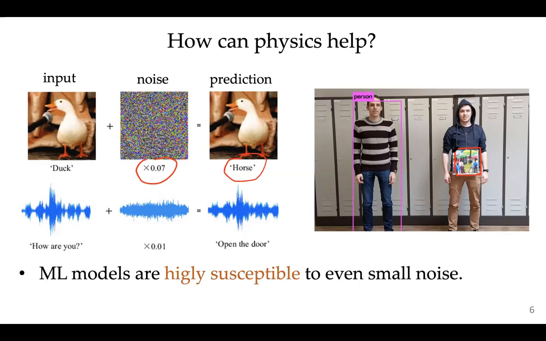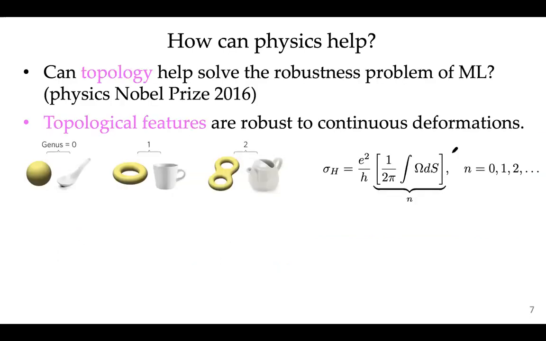Let's go back to physics. How do physicists deal with noise? Is there any physical model or situation where the noise does not really change the prediction or the results? There is actually. The subject of topology came to mind at this point. Can topology help solve the robustness problem in machine learning?